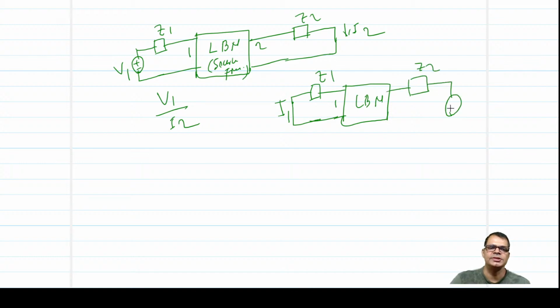I interchange the source and response point, and this is your V2. I took the ratio V2 upon I1. So according to the reciprocity theorem, V1 upon I2 is equal to V2 upon I1.